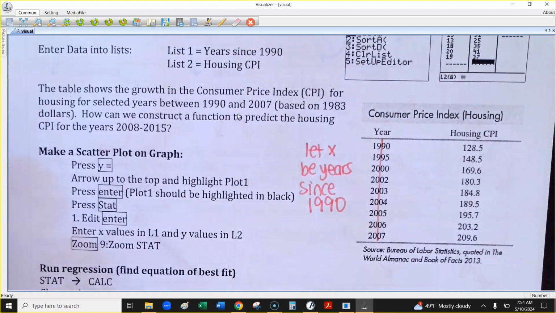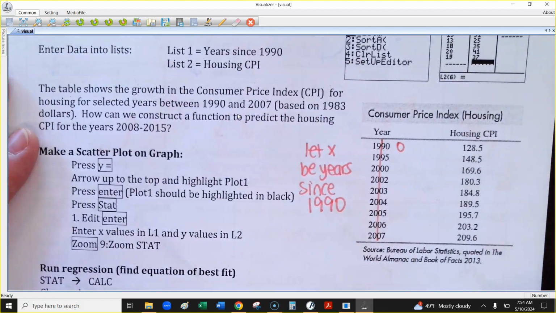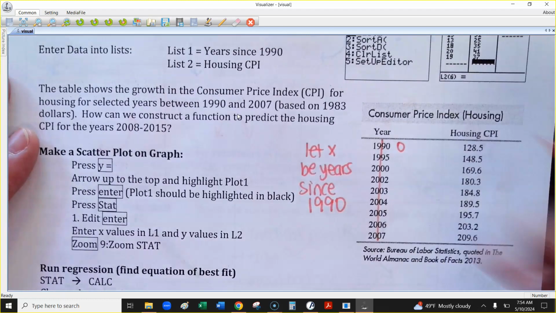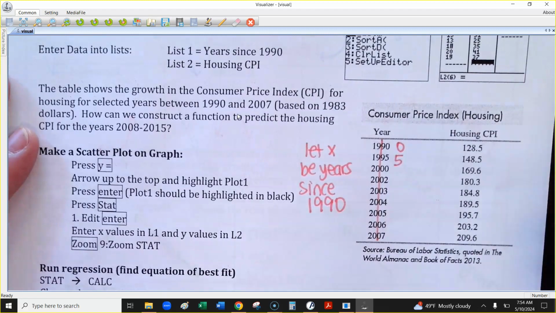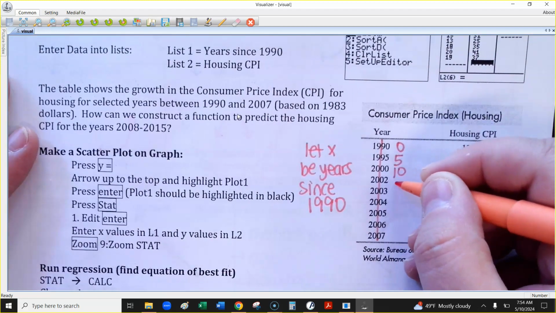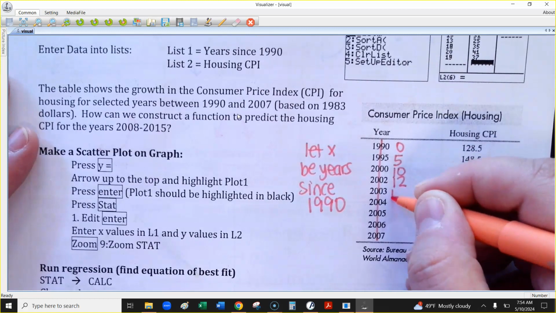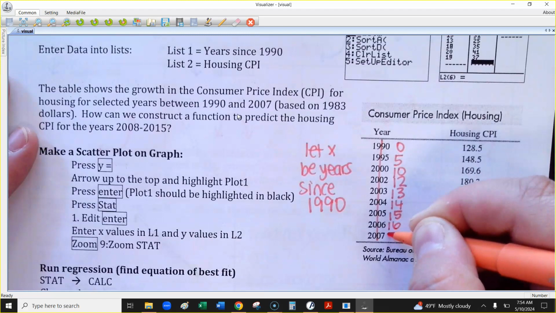If I do years since 1990, for 1990 I would just use 0, right? Because that is the year, so 0. So 1995 would be 5 years later, so I'll just use an X value of 5. 2000 would be 10, and then 2002 would be 12, and the rest of these just go by 1, like 13, 14, 15, 16, 17.